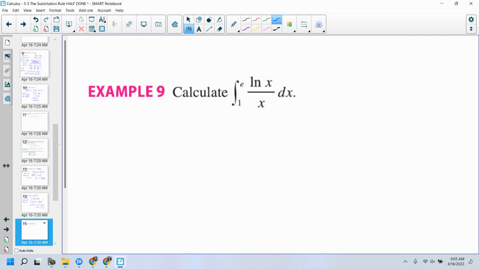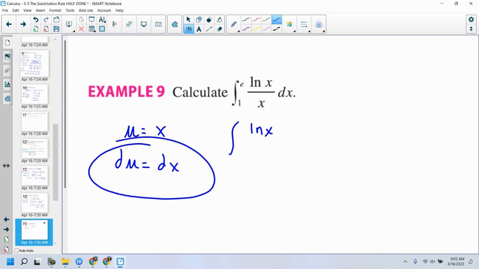What do you think your u is going to be? Think it's going to be x? If we just said u was x, we'd see du was dx, right? And when we try to do that, do we see an ln of x in here?